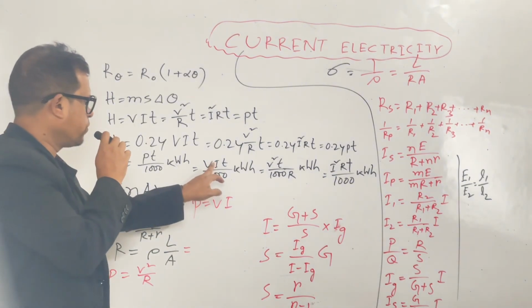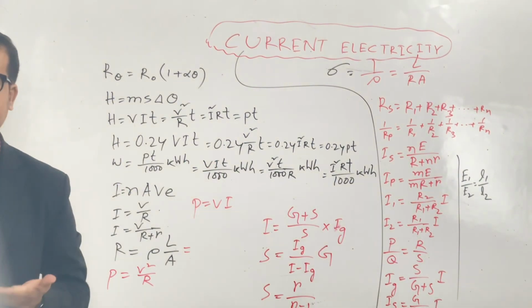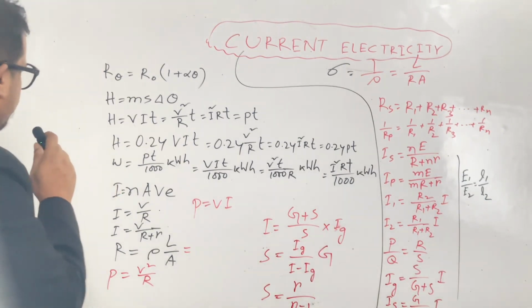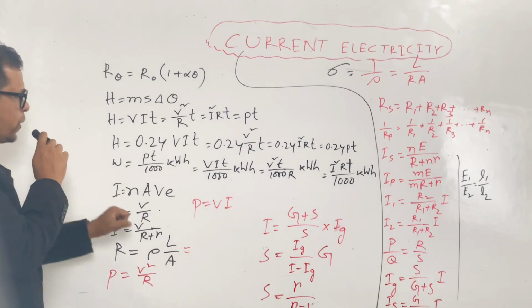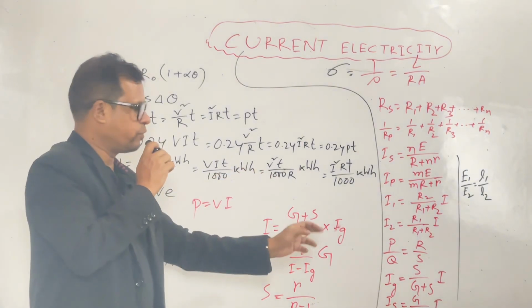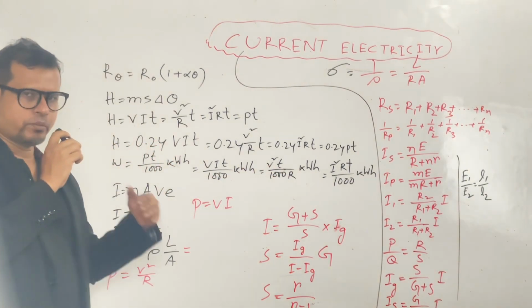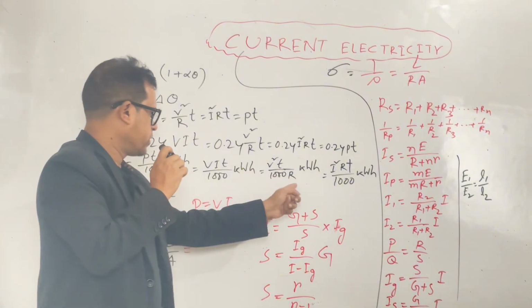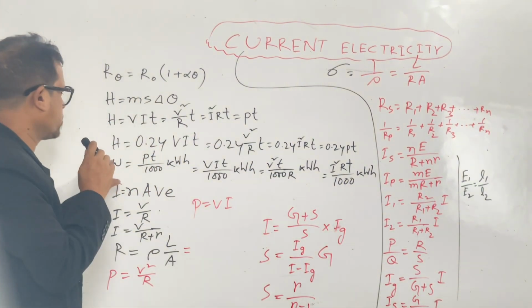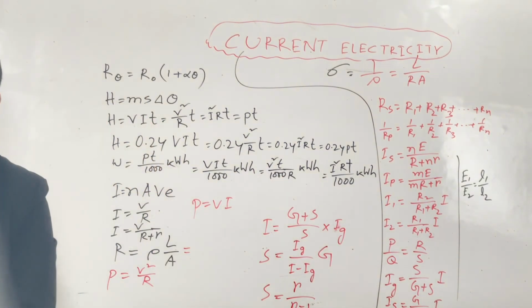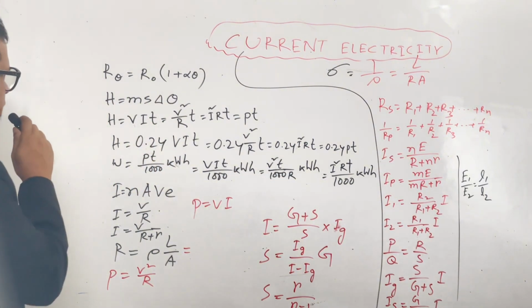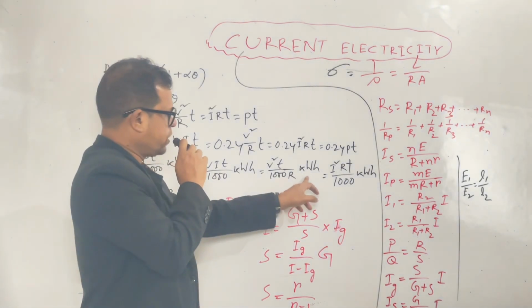If the question gives you voltage V, current I, and time T, then you can find out the consumption of energy W. And if the question gives you voltage, time, and resistance, then you can find out the consumption of energy: V square T over R times 1000 kilowatt hour.